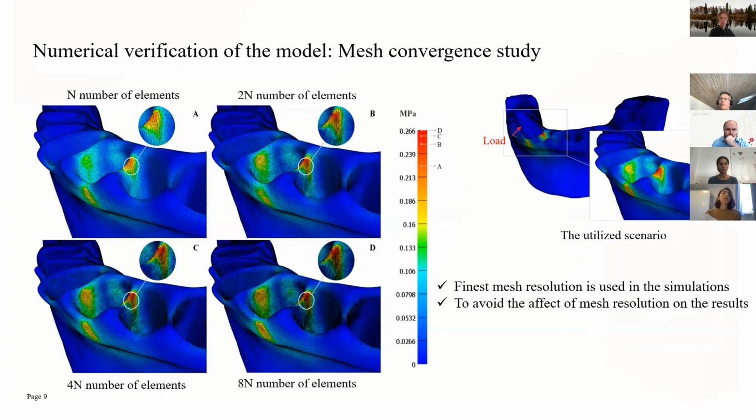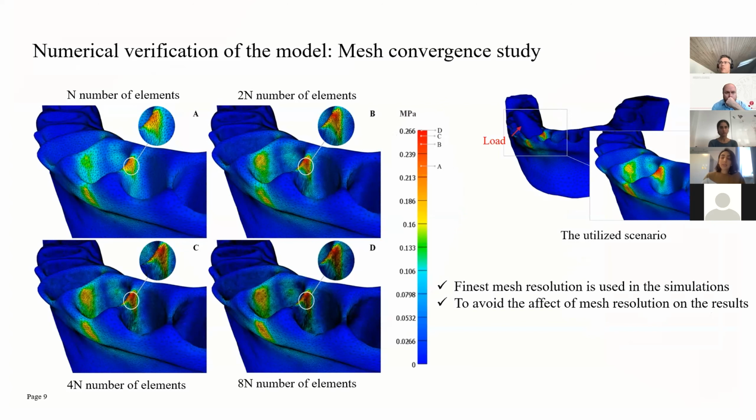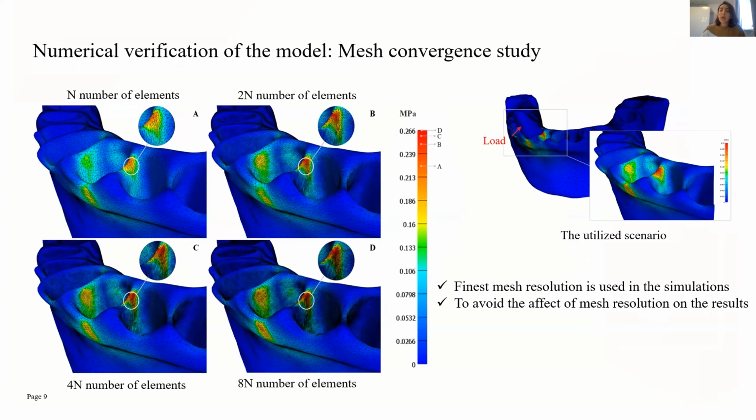So in order to verify our models and make sure that our models are predicting the real world and they're reliable, first we numerically verified our model using mesh convergence study and also parameter sensitivity analysis. In the mesh convergence study, for an identical scenario, which I'm presenting here on the right side, we increase the number of the elements with a factor of 2 iteratively.